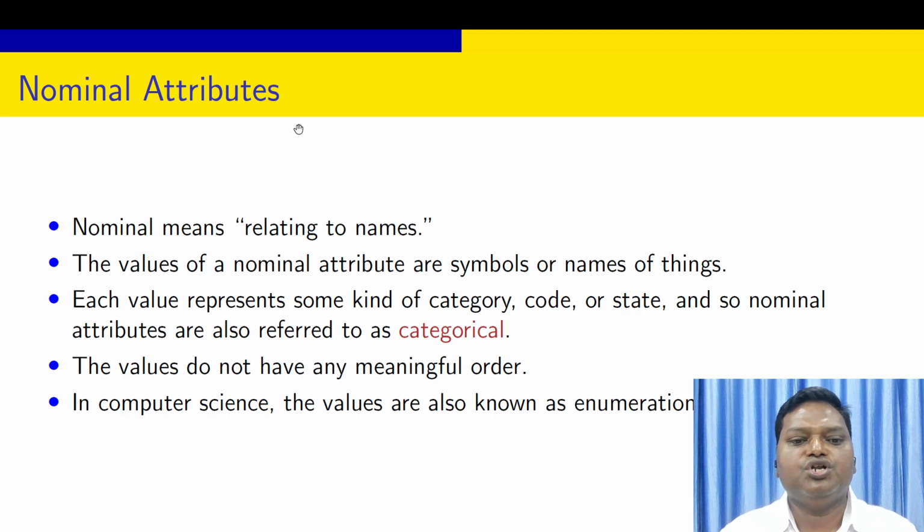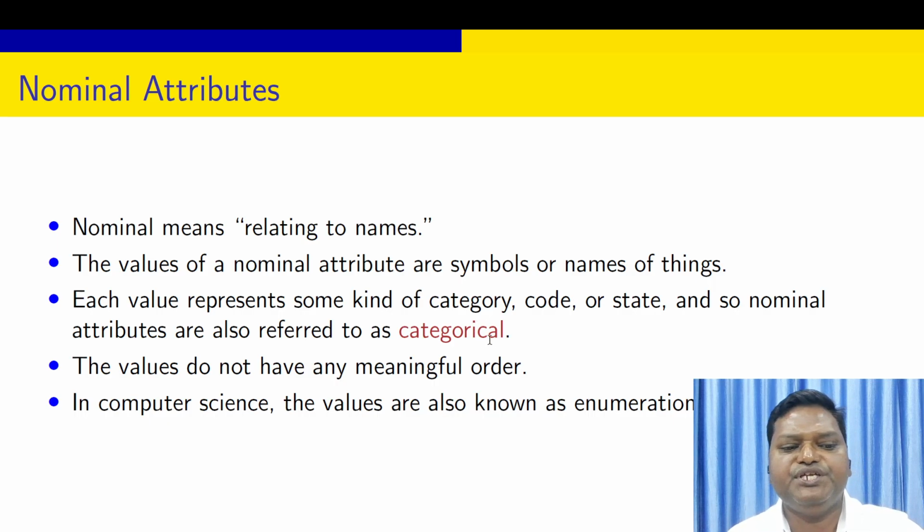All these are nominal attributes. Each value represents some kind of category, code, or state, and because they are different categories, they are not continuous. Every one is a separate entity. That's why we call them categorical.